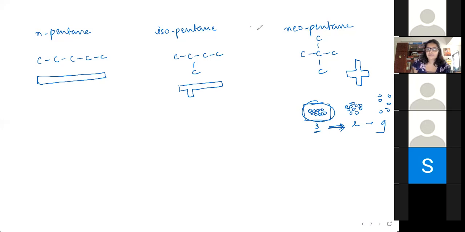Neopentane will have the lowest boiling point compared to isopentane compared to n-pentane. As a general rule, if you're comparing any set of isomers, branching decreases the boiling point and melting point.